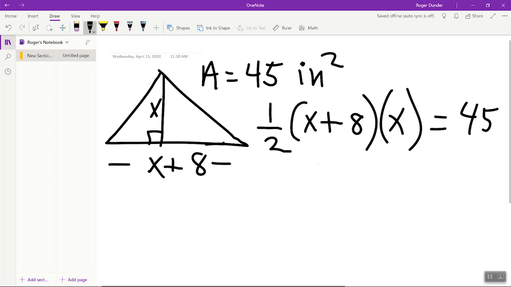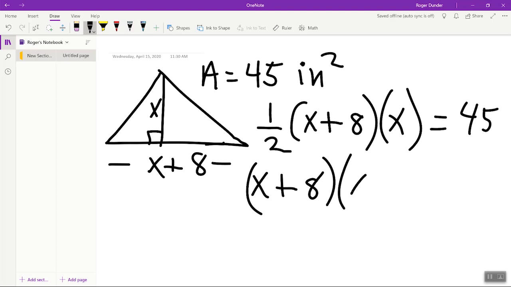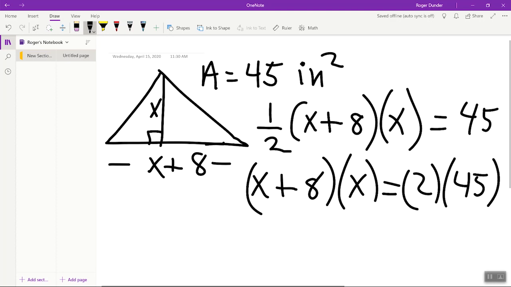So the first thing we can do is multiply both sides of the equation by 2 to get rid of that half. That gives us x plus 8 times the other x equals 2 times 45.